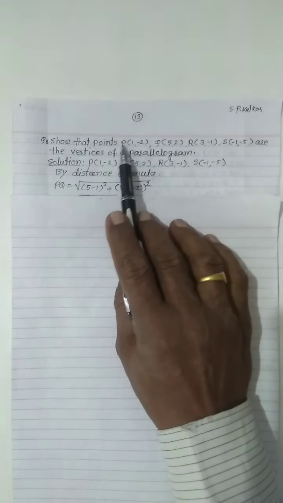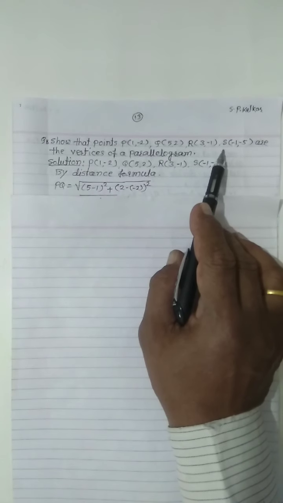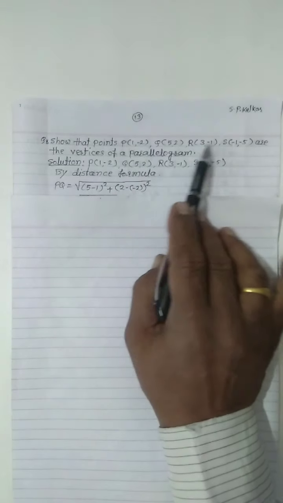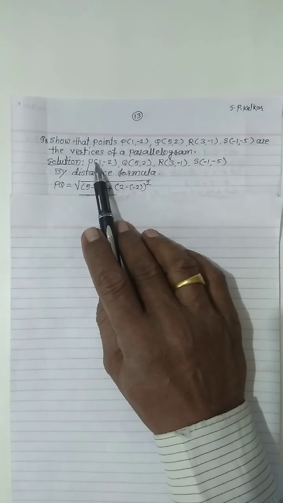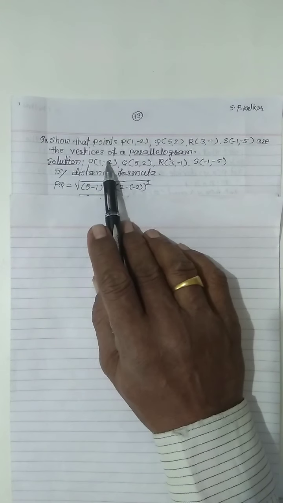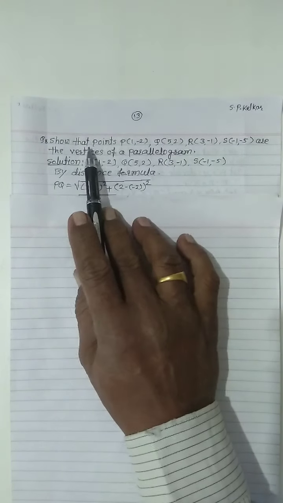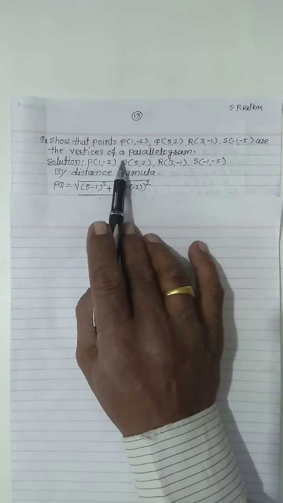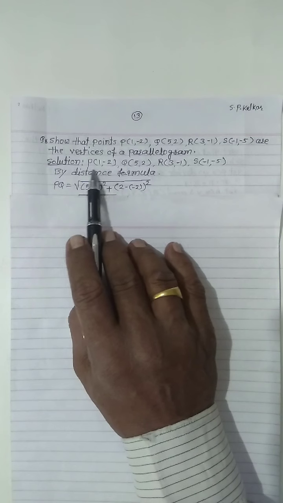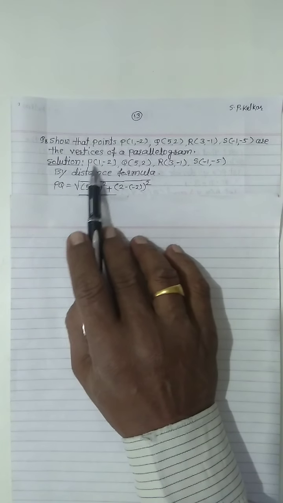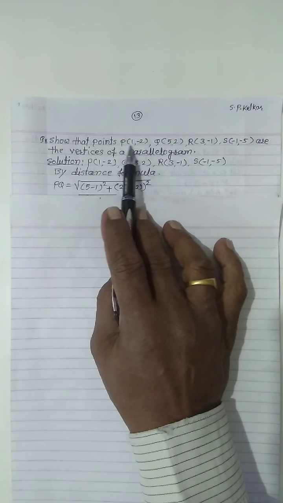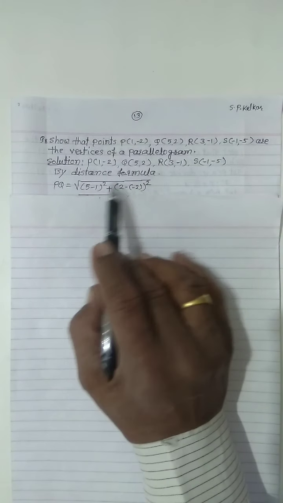Means these points P, Q, R and S are the vertices of the parallelogram and its coordinates are given. Then show that these points are the vertices of the parallelogram, means we want to prove that this quadrilateral having vertices P, Q, R, S is a parallelogram.